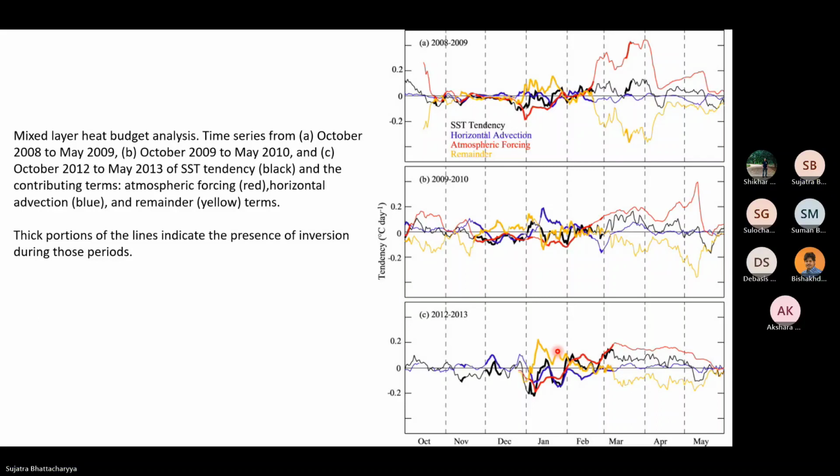So if you have surface cooling going on, which means that the ocean is losing heat, the temperature profiles will become somewhat like this. So which means that the surface is cooling.